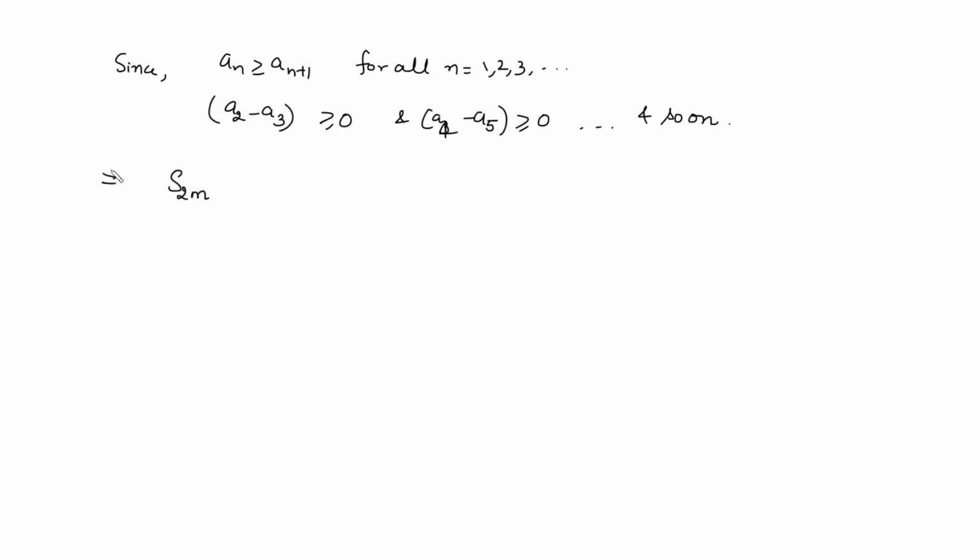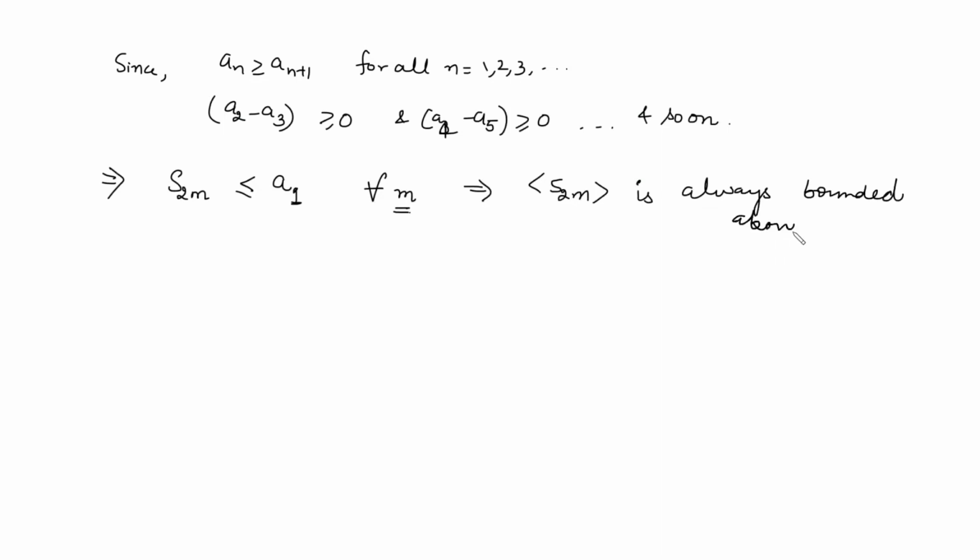This implies that s2m is less than or equal to a1, and this is true for every m. So the sequence of these even-indexed partial sums is always bounded above by the number a1.